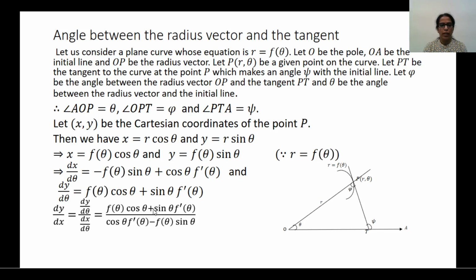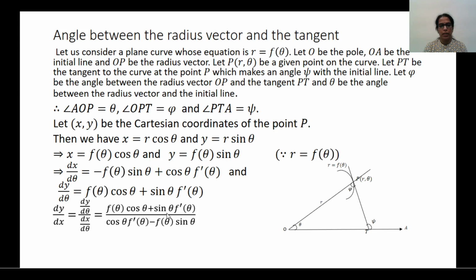Now divide both numerator and denominator by f dash of theta cos theta. So f of theta by cos theta divided by f dash of theta cos theta, the cos theta gets cancelled, and you are left with f of theta by f dash of theta. Similarly here f dash of theta gets cancelled.